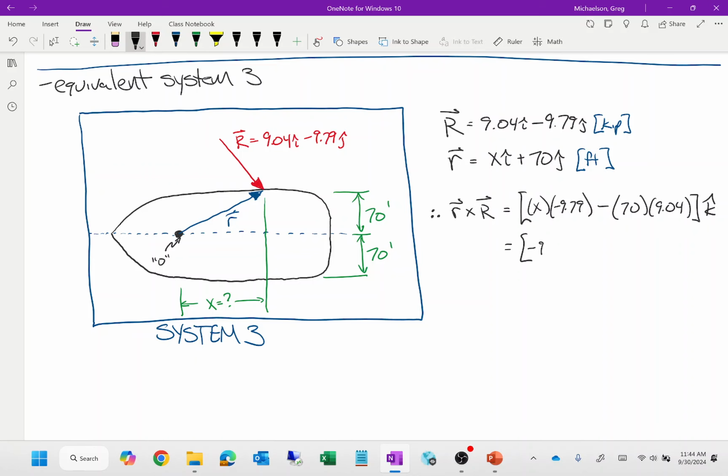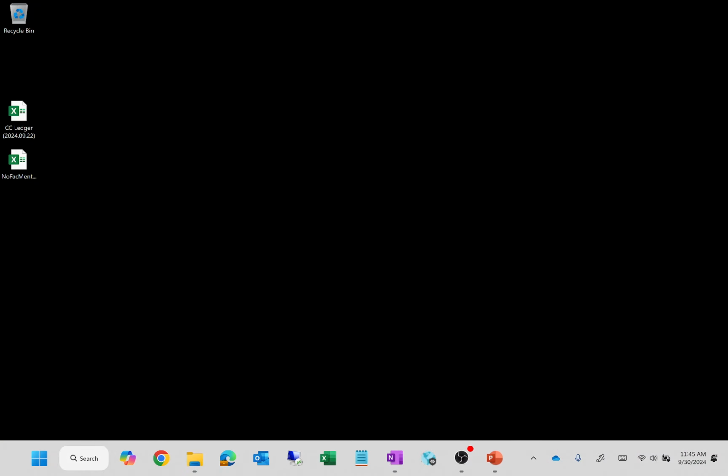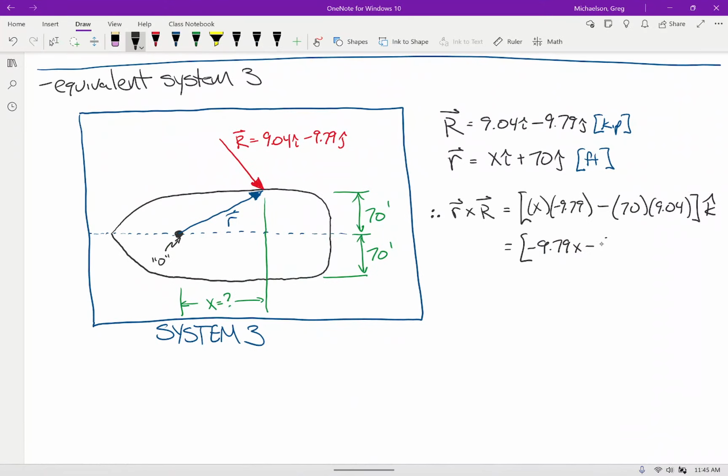We get negative 9.79x minus, what is that? 7 times 9 is 63, 632.8. Oh, brackets, wrong place.